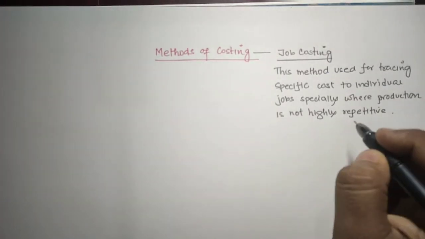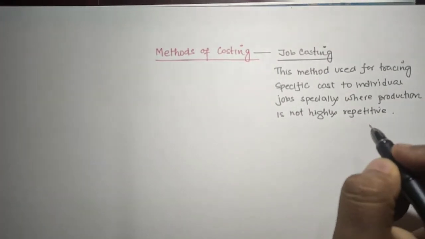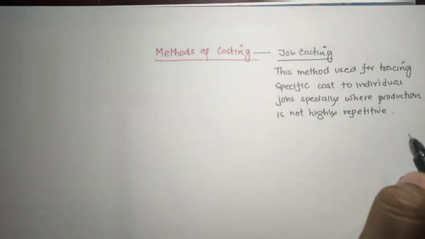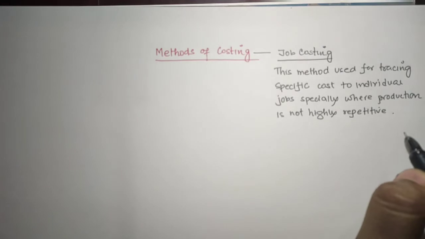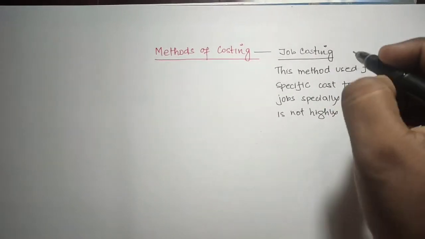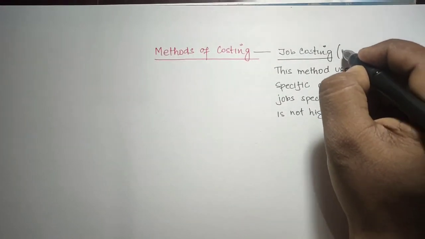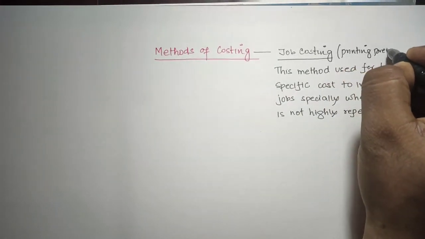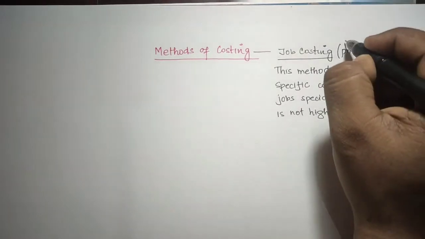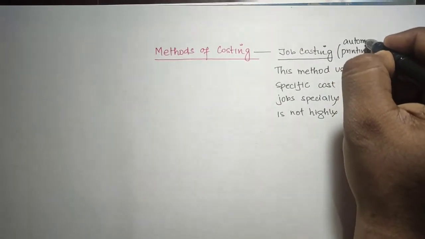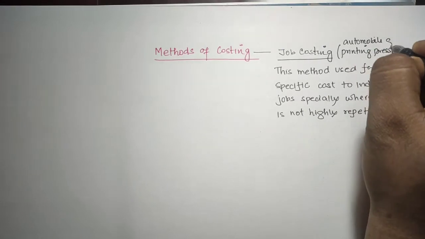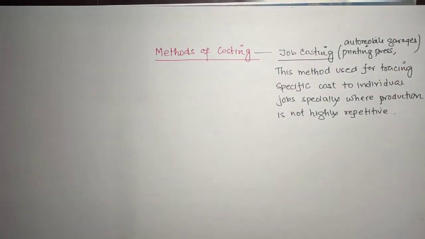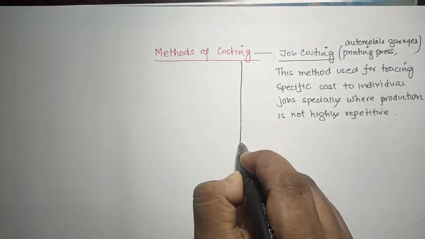The cost ascertainment is for a specific job or order which are not comparable with each other. This type of job costing is applicable in printing press, automobile garages, repair shops, etc.